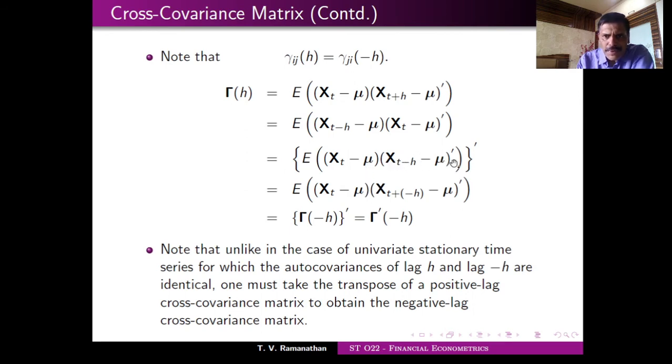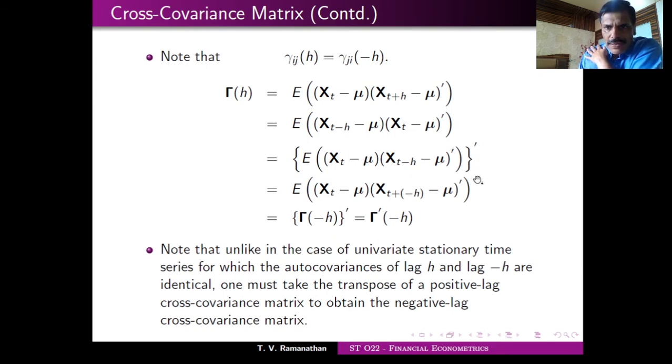This is pretty simple because prime of prime gives you x_t minus mu, and this is x_t minus mu prime. So I have this. In the next step I'm just repeating this. Actually one prime is missing here.